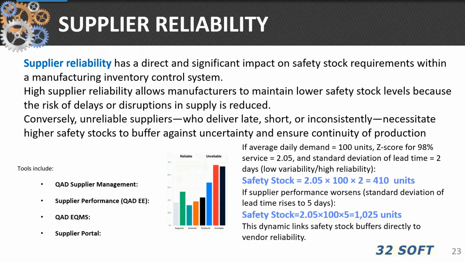But if we allow for a higher unreliability, say 5 days, the safety stock could almost double to 1,025. QAD has several tools to assist in this measurement, including supplier management, supplier performance in the EE versions, QAD's EQMS, and the supplier portal.